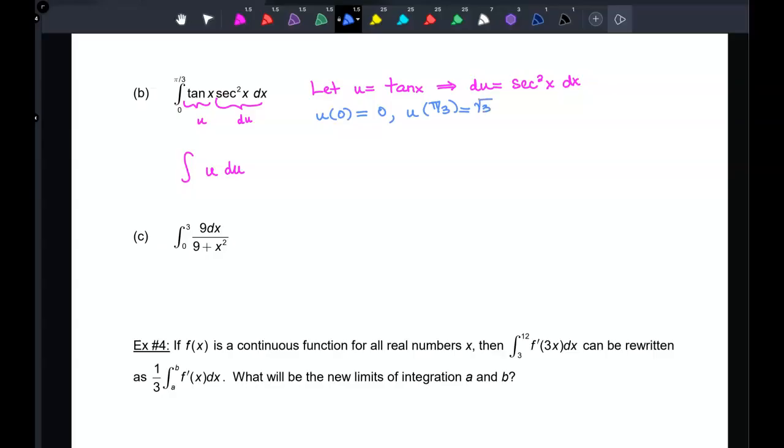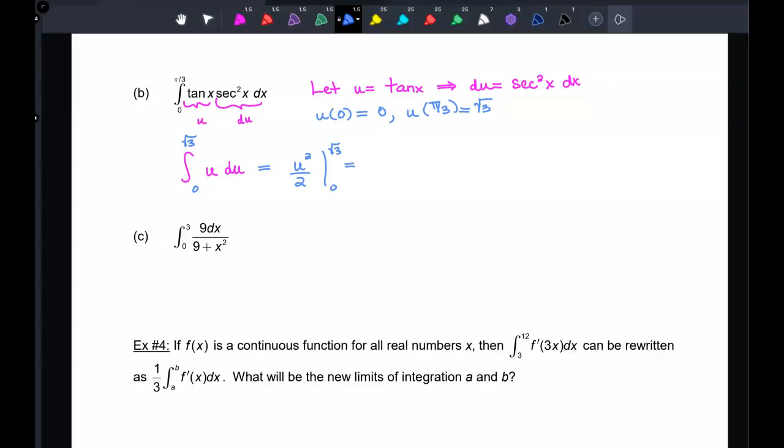So I get to change this. Now remember, the whole purpose of that is I don't have to go back to anything in terms of x. This is my new function with my new limits of integration. So it's u to the first, so that will become u squared over 2.